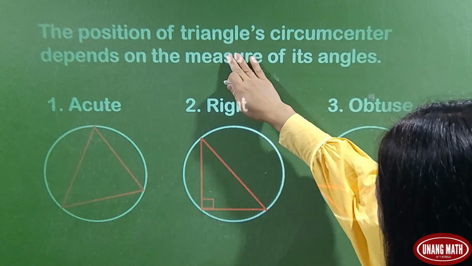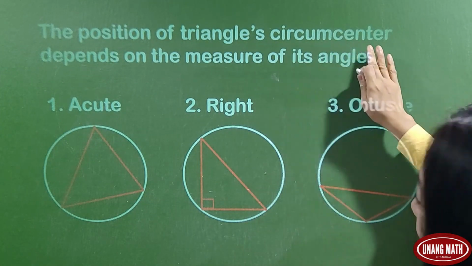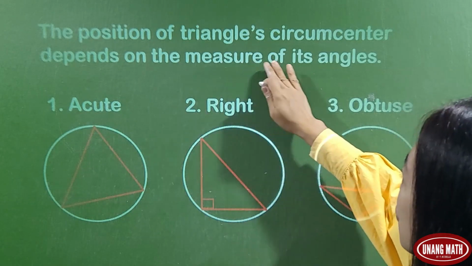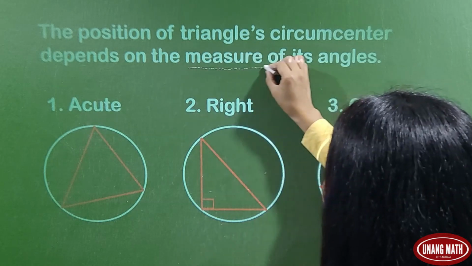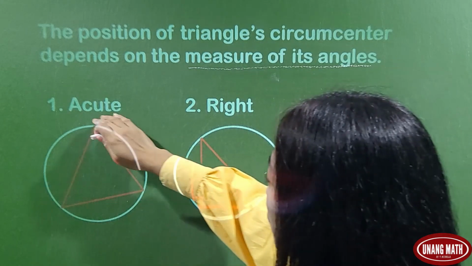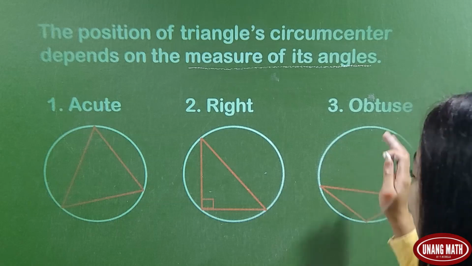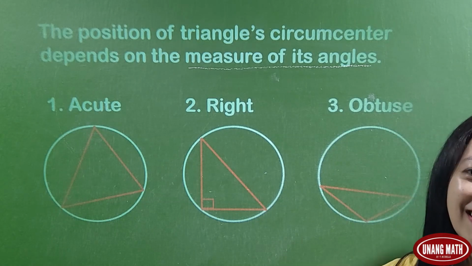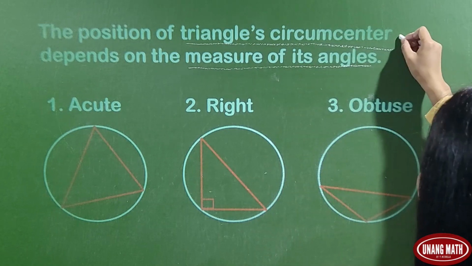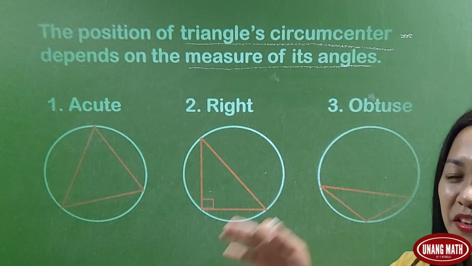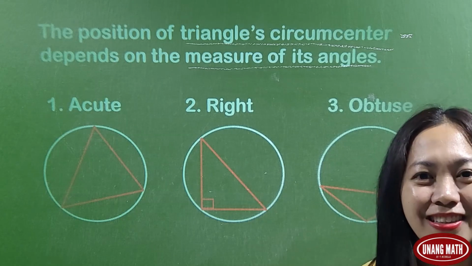The position of a triangle's circumcenter depends on the measure of its angles. By angles, I am referring here to acute angle, right angle, and obtuse angle. And take note, the triangle's circumcenter is also the center of the circle.